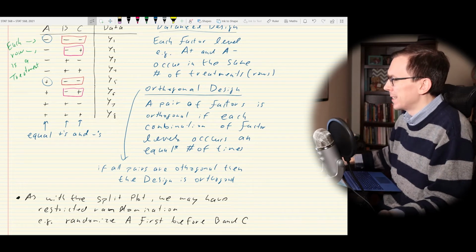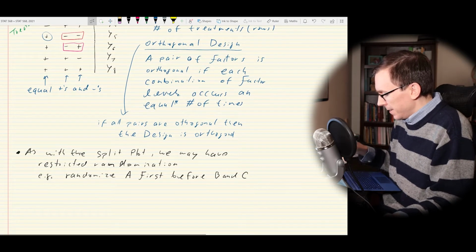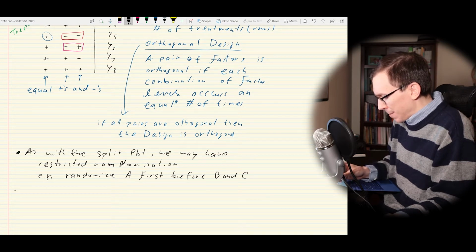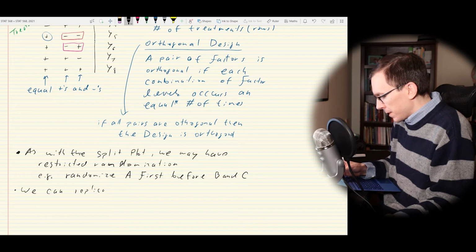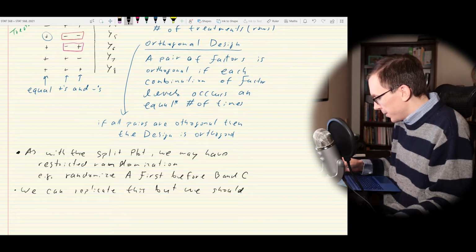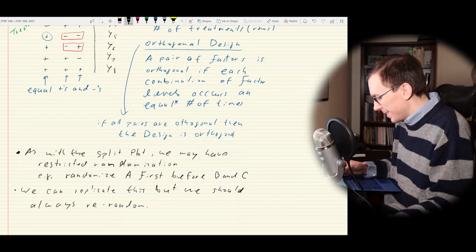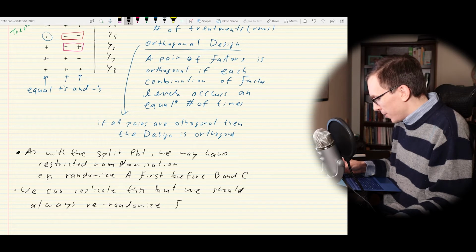It's really just like what we did with the split plot. And the other thing is that we can replicate this, but we should always re-randomize for each replication.